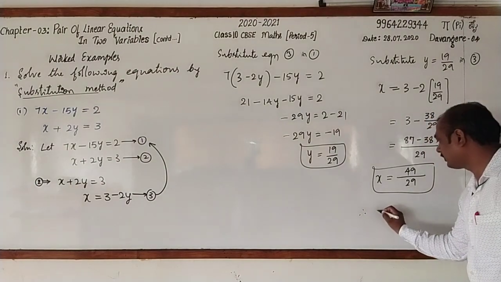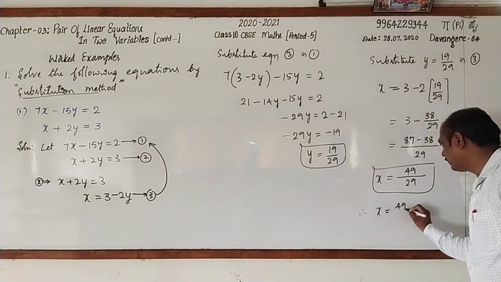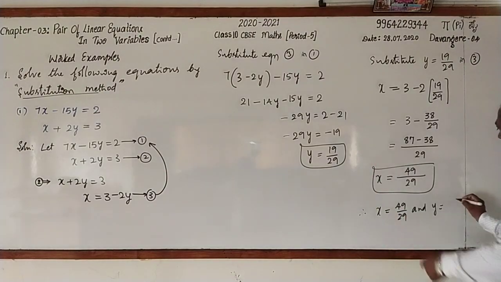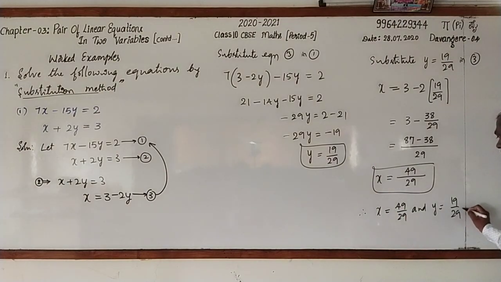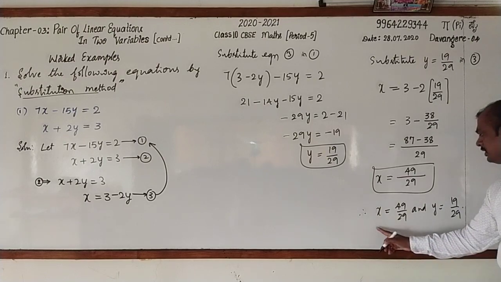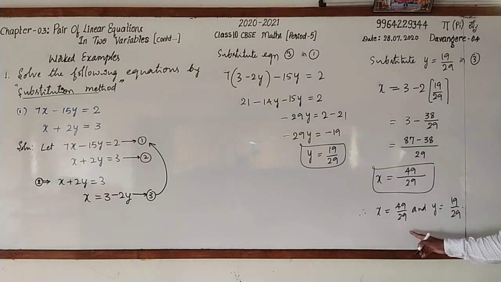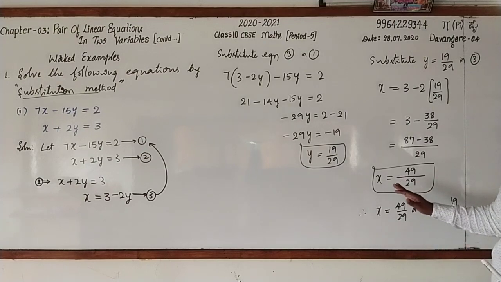Therefore, we can write x equal to 49 by 29 and y is equal to 19 by 29. Or you can also write it as 49 by 29 comma 19 by 29 is the required solution. Hope that you have understood.